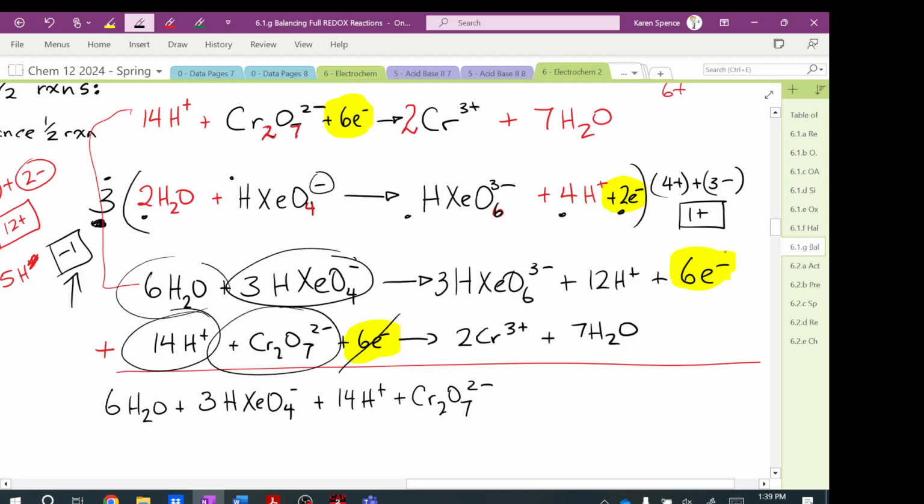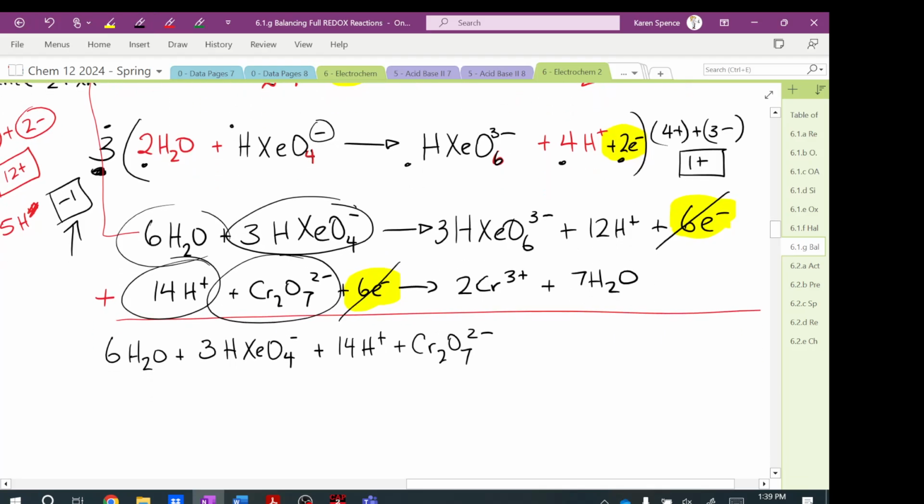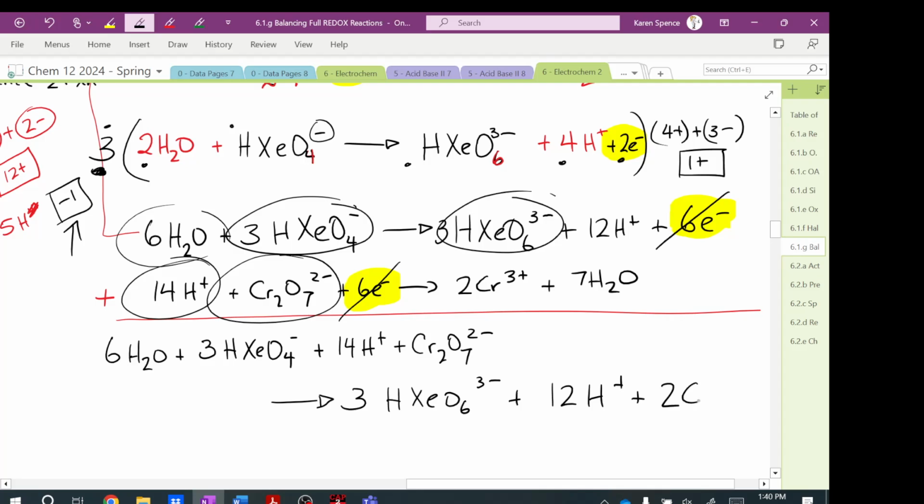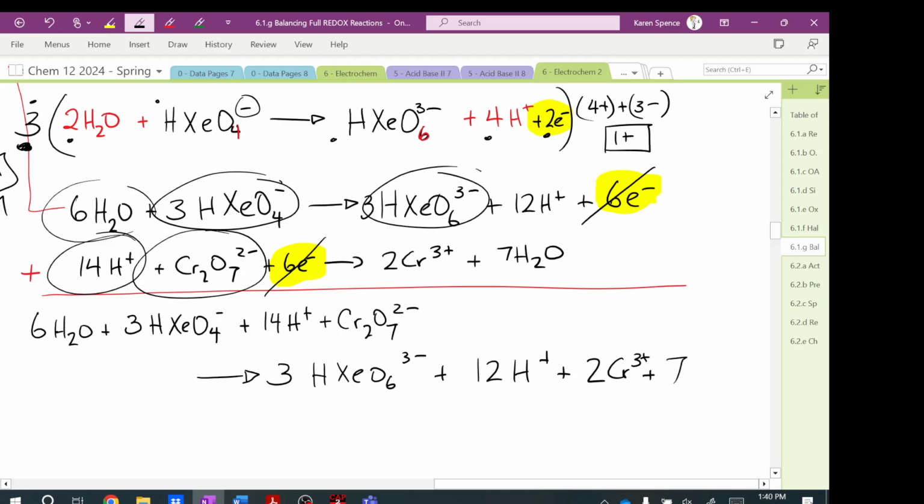I do want to cancel my electrons so I don't have them. And now I'm going to write this on the next line because I've run out of room. I have 3 HXeO6 3 minus plus 12 H plus 2 Cr 3 plus 7 H2O. Whew.